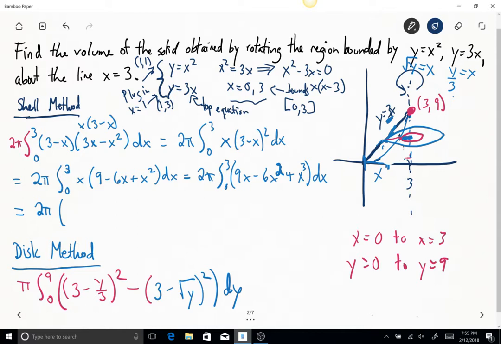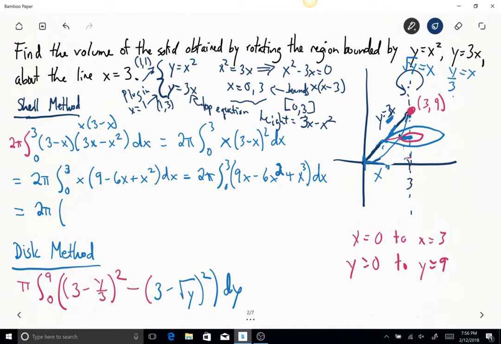And so that means we have to figure out, in that case, the height equals, well, it would be the top equation, 3x, minus the bottom equation, which is x squared. Okay, let me know if there's any questions on how we figured out the height.